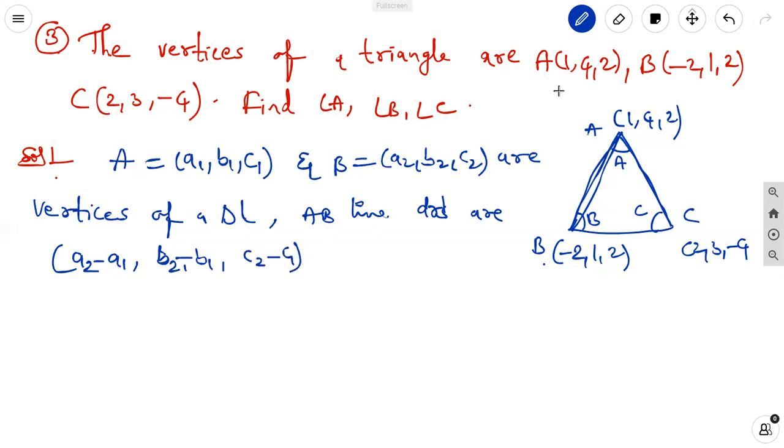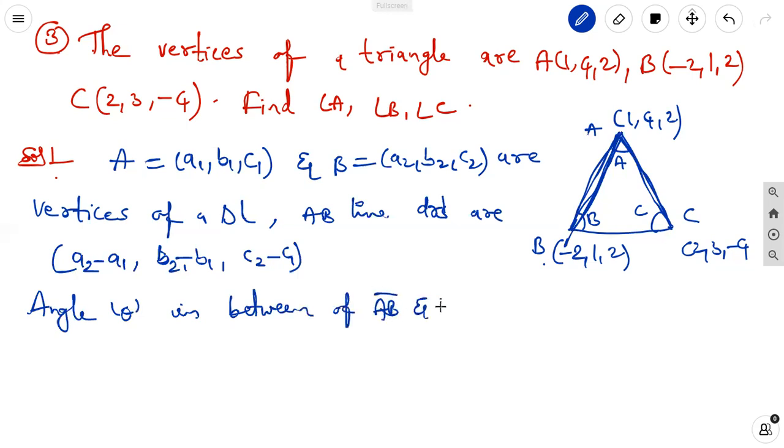By applying that direction ratios condition for AB line and AC line, then we can take the angle theta in between of AB line and AC line with the DRs.